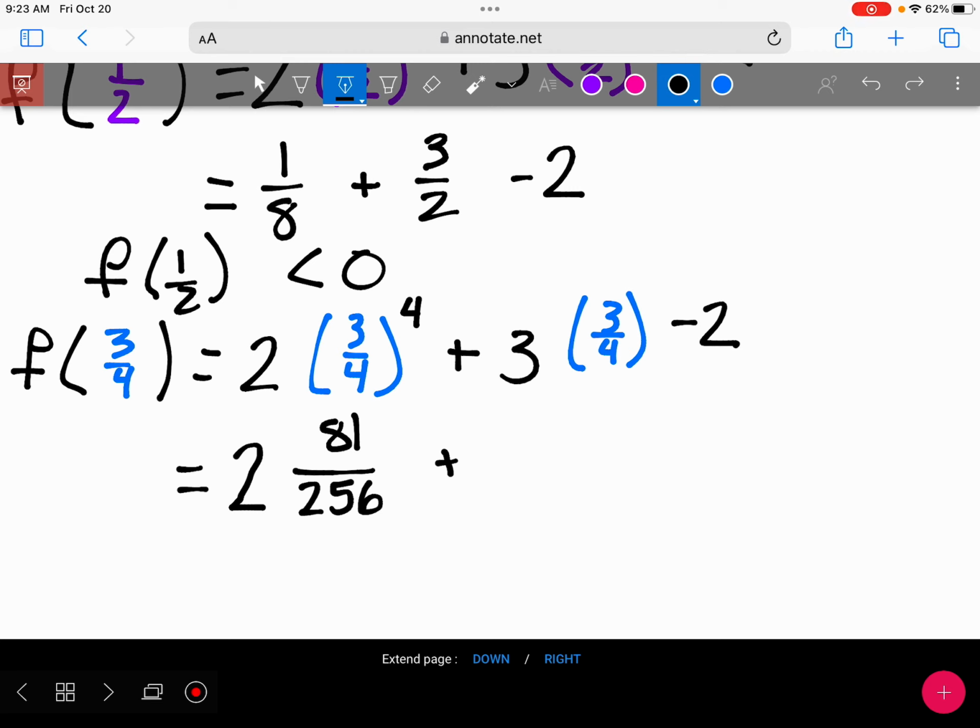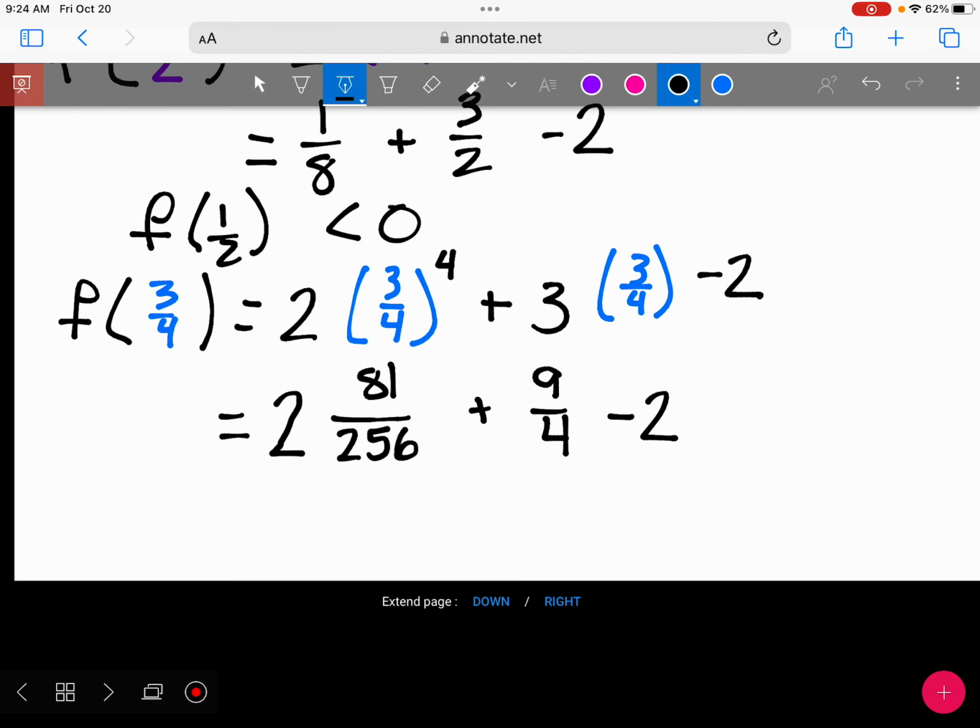All right. 3 times 3/4 is 9/4. Okay, I'm going to ask you guys a really silly question right here. What's 9/4 minus 2? 1/4. So I have 2 times this hot mess, that's an 81, not an 18, over 256, plus 1/4.